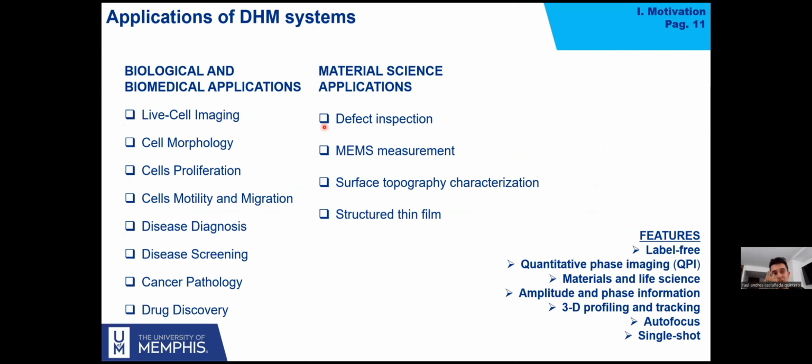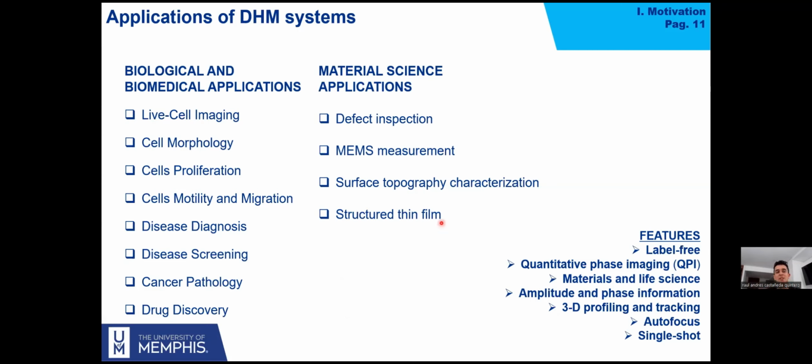So why is DHM relevant? DHM is relevant because it's used in several applications, in several fields of science, for instance, in biomedical applications or material science applications. In biomedical applications, you can obtain live cell imaging, cell morphology, cell proliferation, disease diagnosis, screening, cancer pathology, and drug discovery.